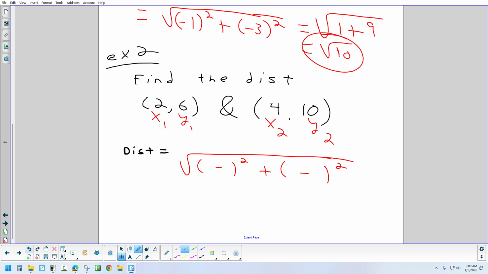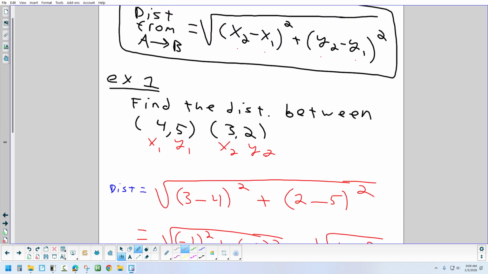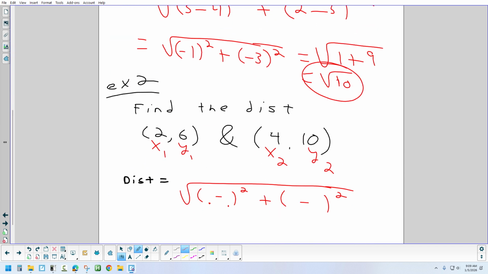All right, first set of parentheses. Gianna, what's going to go in these 2 spots? Yep, it's x2 minus x1. And our x2 is a 4, and our x1 is a 2. So 4 minus 2. Quinn, what's going to go in these last 2 spots?